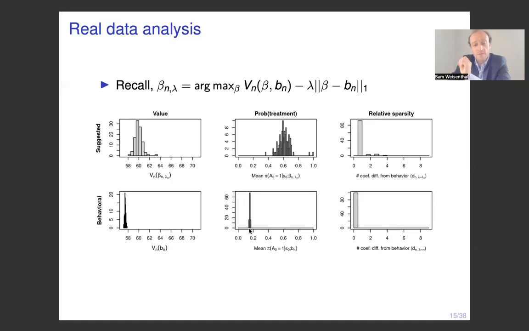When we do this, however, one way to do this is to always give the patient a vasopressor, but we're not doing that. So we are more discerning. We're pulling towards the behavioral policy, which has a relatively conservative probability of treatment usually. One could, of course, by increasing lambda, pull closer to the behavioral policy, and one would lose value if one did that.